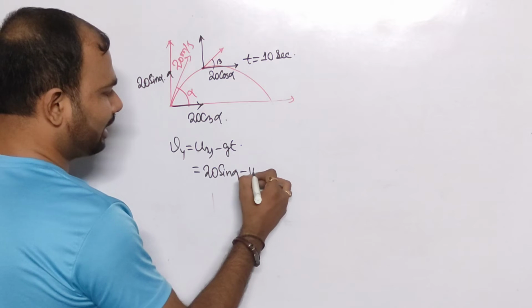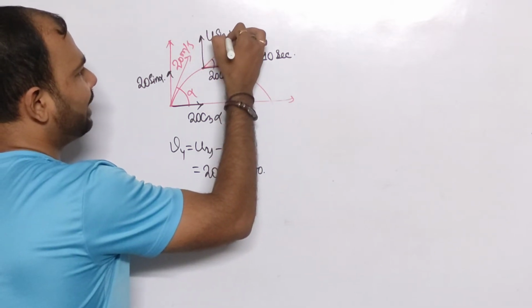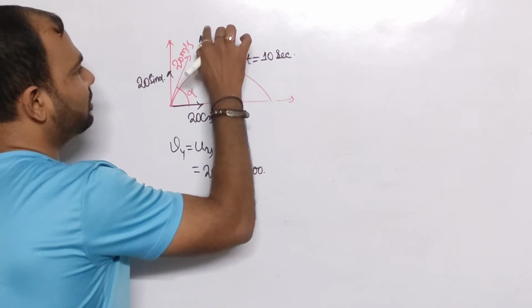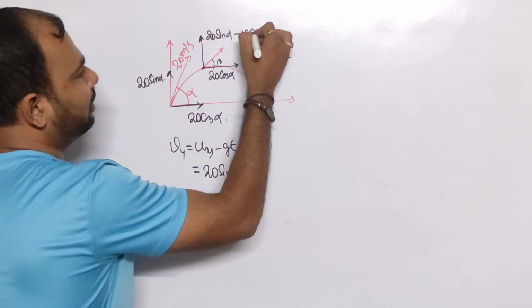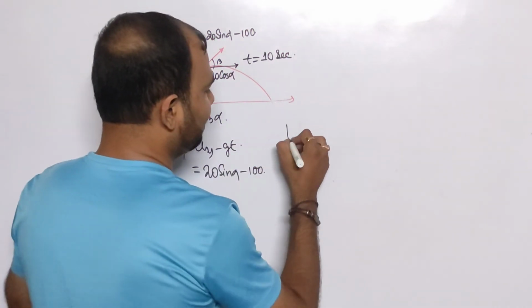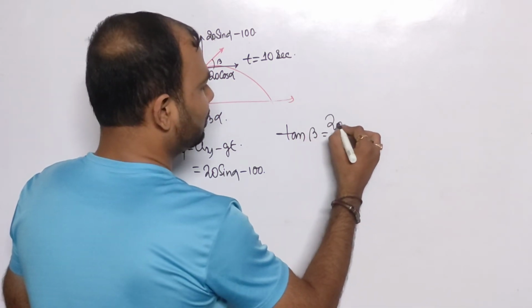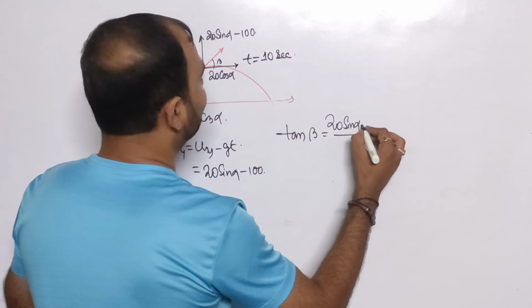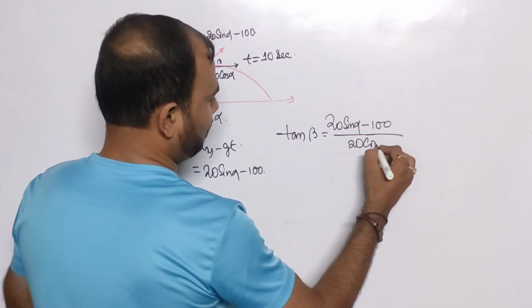So 10 into 10, that is 100. So u sin alpha, sorry, u means 20 sin alpha, minus 100. So perpendicular by base is tan beta. Therefore tan beta equal to perpendicular by base, 20 sin alpha minus 100 by 20 cos alpha.